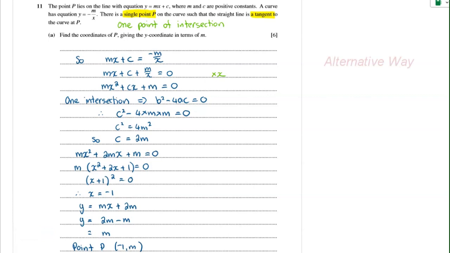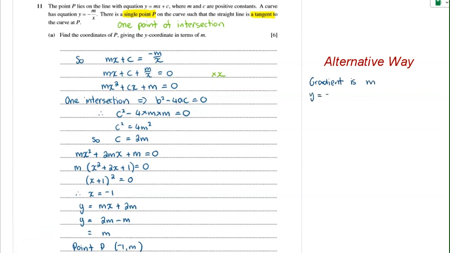So the question can be asked, is there another way that we can solve this? And there often are multiple ways you can solve a question. And we might be thinking, well, if I know the gradient of the line, can't I do the differentiation of the curve and say that equals the gradient? And you certainly can. And so the gradient is m, because that's all we know.